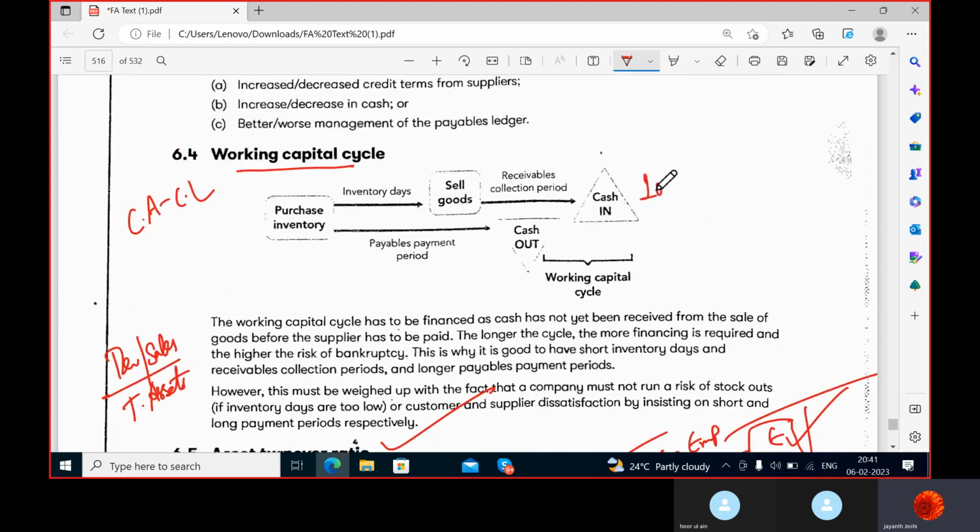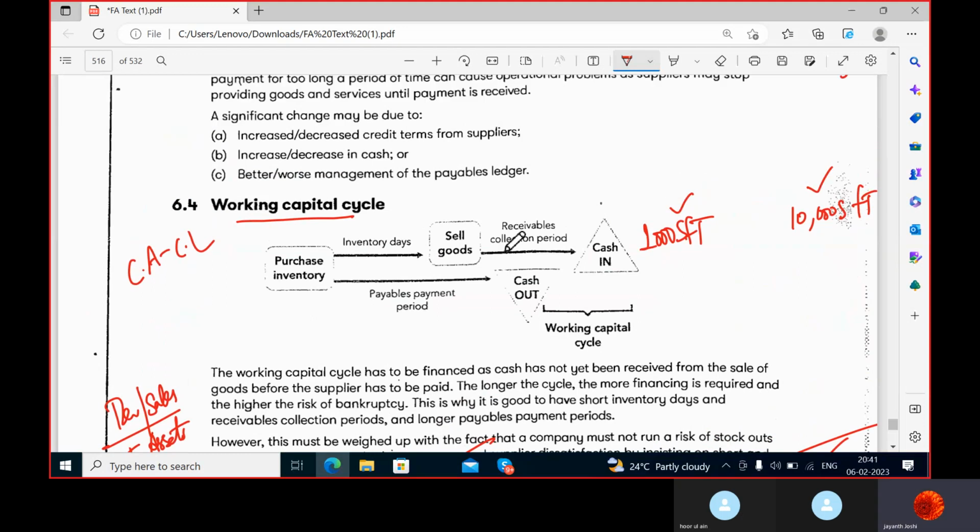Suppose there is a 1000 SFT shop and there is a 10,000 SFT shop. Both the shops sell garments. They are into ready-made garments.